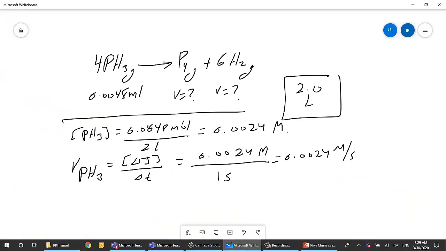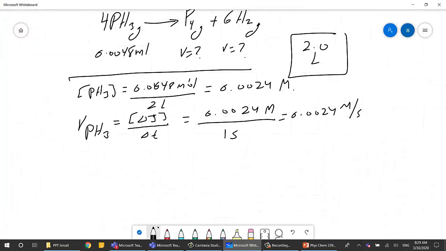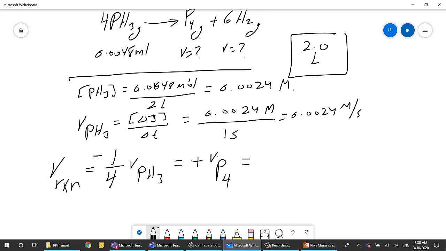This means that in this question, the rate of the reaction should equal 1 over 4 rate of PH3, minus because it's disappearing, and this should equal plus 1 over 1 rate of P4, and this is equal to 1 over 6 rate of H2.